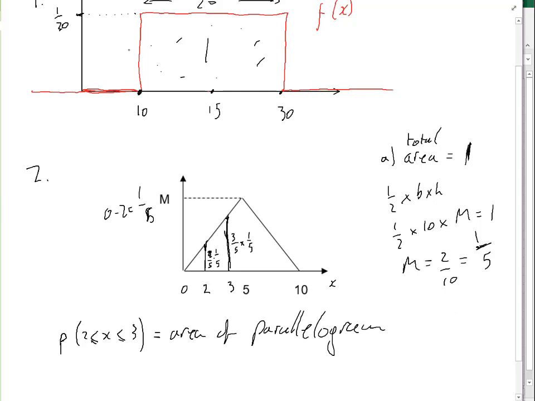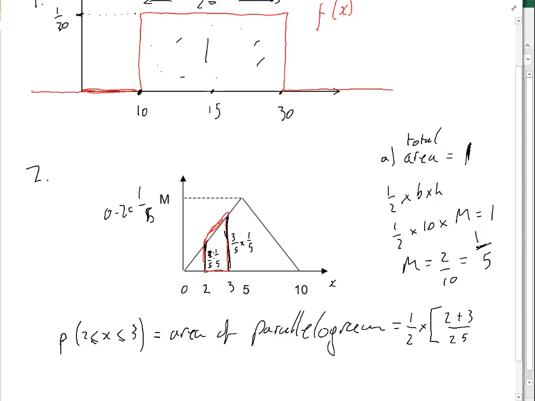This parallelogram here, I'll draw in maybe red. So you want this area here, which is the average height. So it's half of this plus this. So these are over 25: 2 over 25 plus 3 over 25, 2 plus 3 over 25.